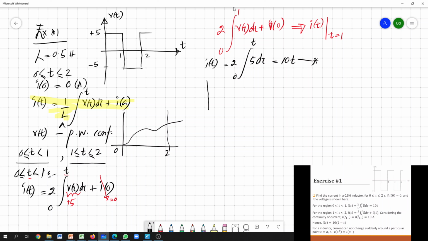If you draw it, it's something like that. Initially the current is 0, and here the current is 10 amperes. In between, it's linear, and the functional definition is 10 times t, 10t. So this is the current variation.